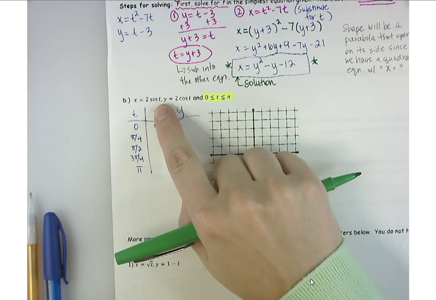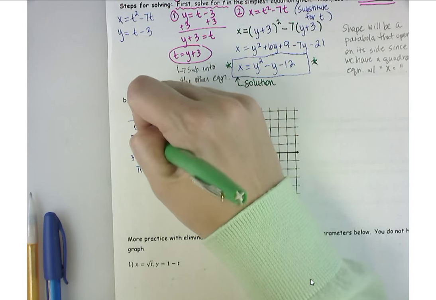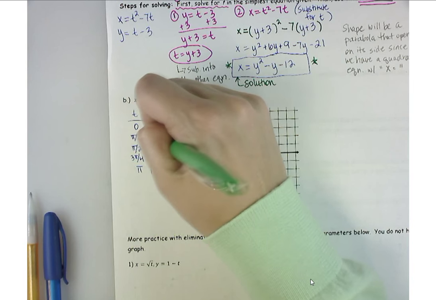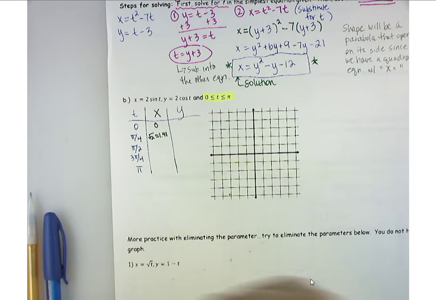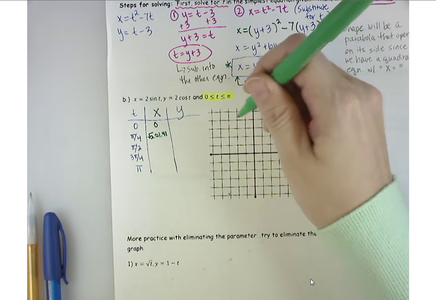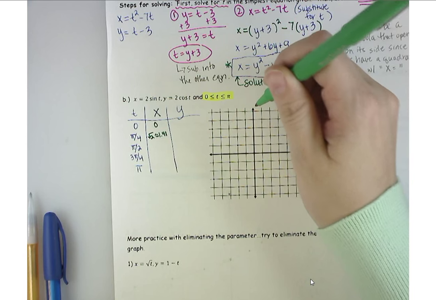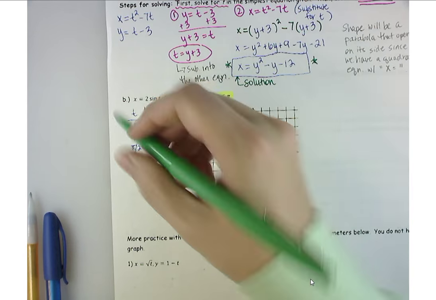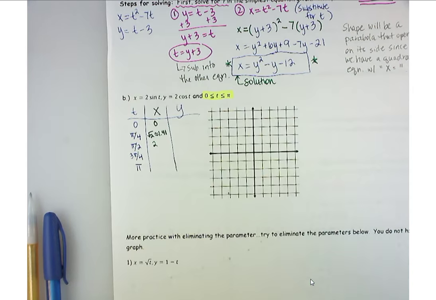Root 2 over 2. So if I multiply root 2 over 2 by 2, what am I left with? Just root 2. Which is going to be about 1.41. And then at pi over 2, which is at the top of your circle, what's that sine value? 1, so 1 times 2 is 2.